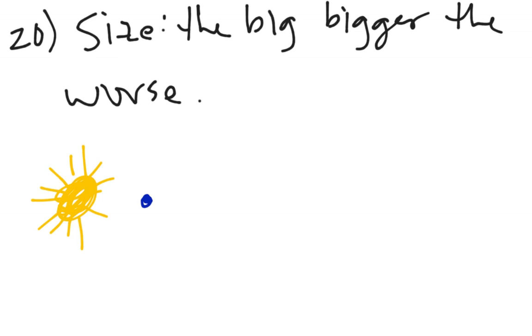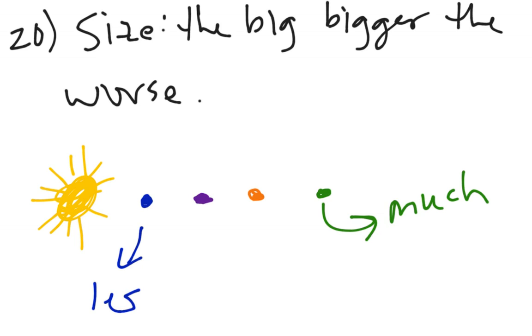And then I have the planets, which are like our rings that we draw, right? This green one is going to be pulled much less than this blue one will be. So the bigger, the less pull it has, so the less electronegative it is.